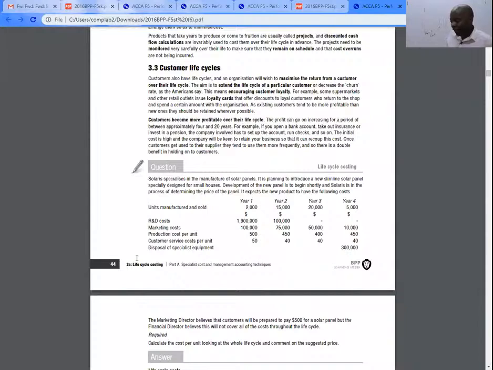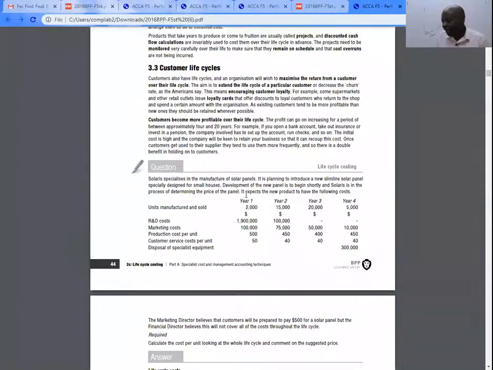The same case here with customer service cost, I can see per unit, so I must always do that simple thing. How about the disposal? They have not made mention of the word per unit anywhere, so I'll only take it the way it is, 300,000.